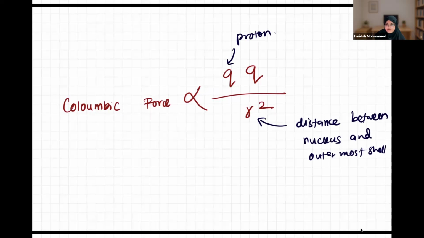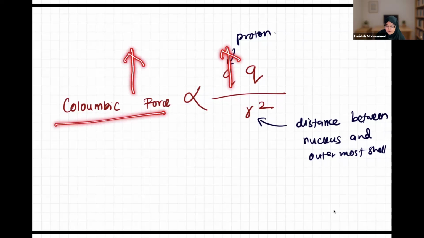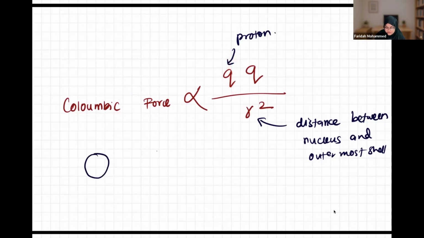Coulombic force is when you have higher proton number, the Coulombic force is going to be higher. It's kind of like magnet, right? Think about this, okay? So let's say you have two things that are charged. One is +1 and -1. The other is +2 and -2.